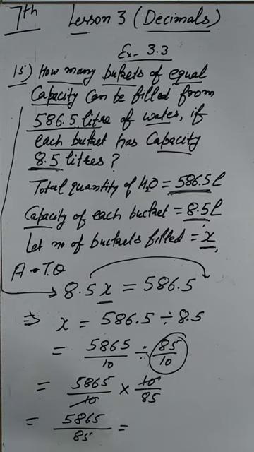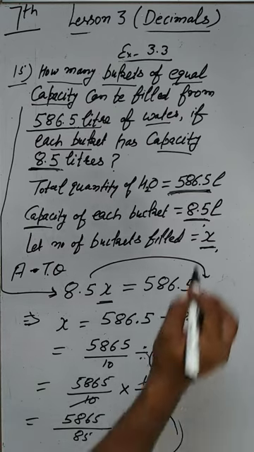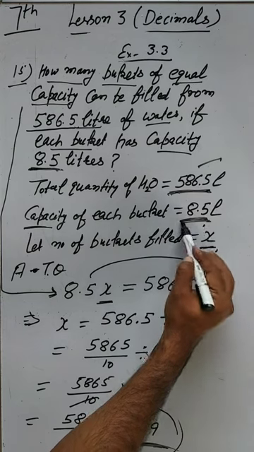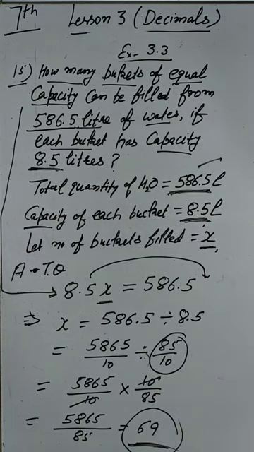When you divide it by 85, your answer is 69. How many buckets can we fill from that water? From the 586.5 liters of water, we can fill 69 buckets, each of capacity 8.5 liters. Understood, beta?